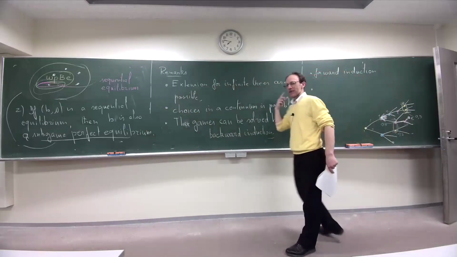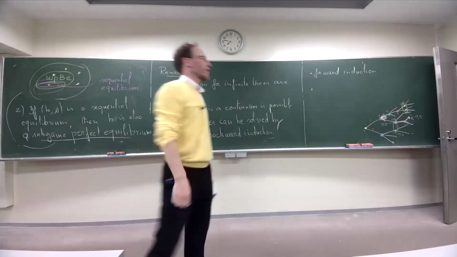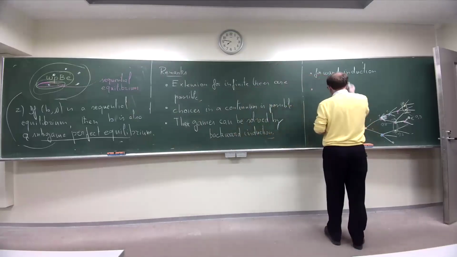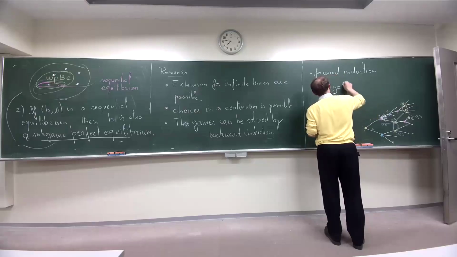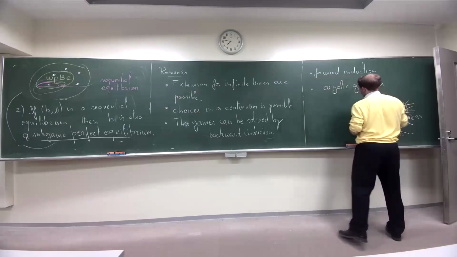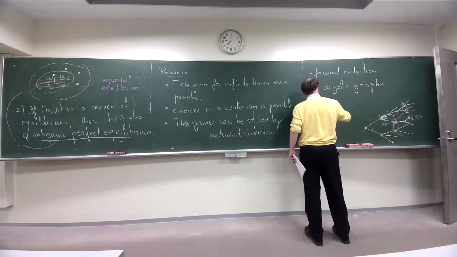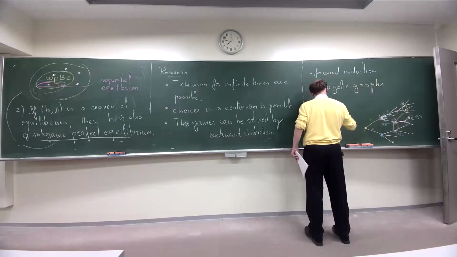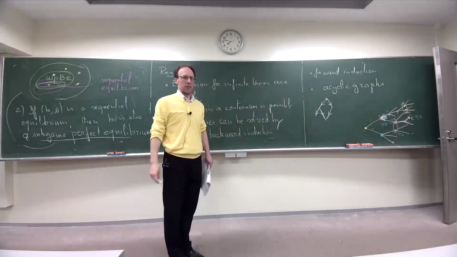Who has taken the course on graph theory? A few of you. In graph theory, we introduced the notion of acyclic graphs, which are not trees. I just do a picture. The difference is, this is a cyclic graph.